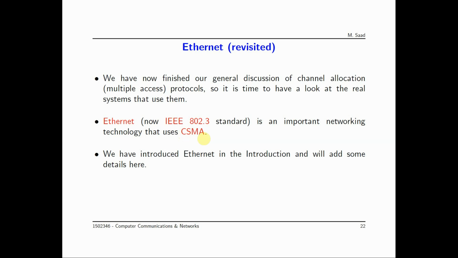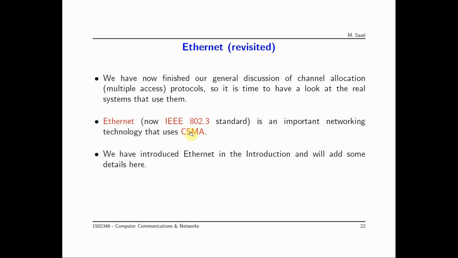If the channel is sensed idle, the station can transmit the frame. If the channel is sensed busy, the station does not send the frame. And if a collision happens after all, the station waits for random time and then tries again by sensing the channel. That's how carrier sense multiple access or CSMA works.